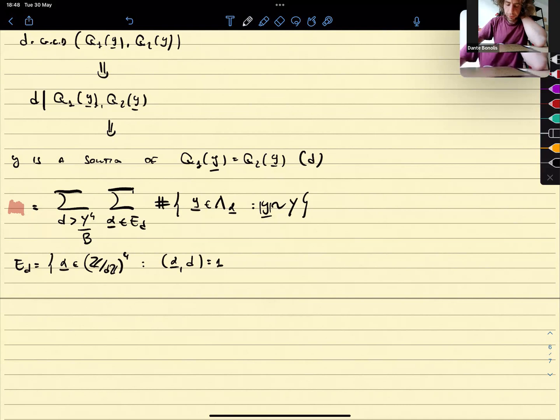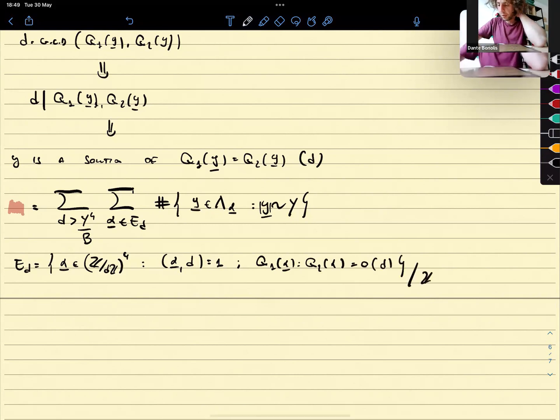They need to be coprime with D, and such that Q1 alpha is equal to Q2 alpha equal to 0 mod D. And then we take the equivalence relation given by the action of the units of Z over DZ. So this is really something similar to a projective variety of Z over DZ.